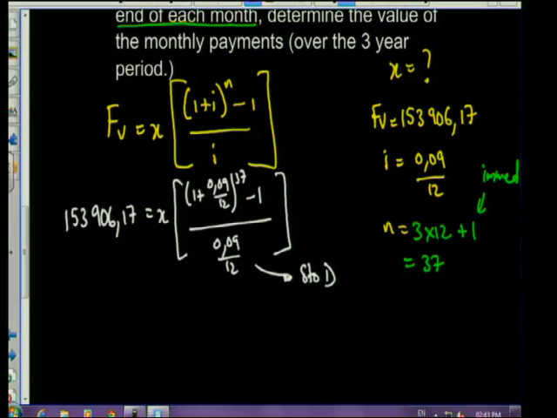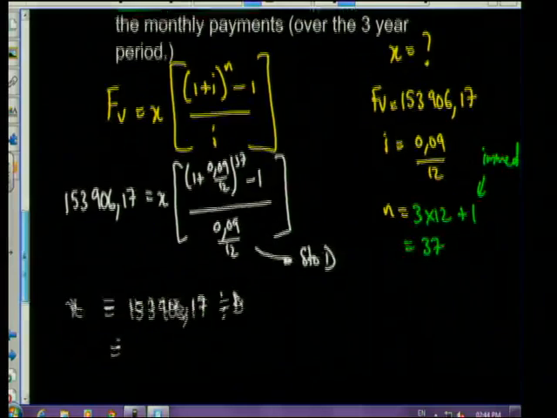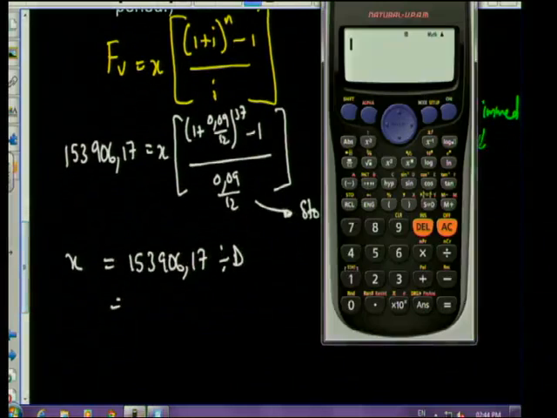So then if I want X on its own, X is going to be 153,906.17 divided by D, and that will give me the installment. So let's pull up my calculator. It has got the D stored in, so it's 153,906.17.